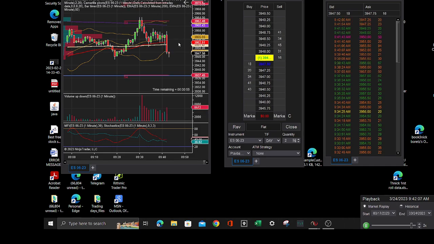It looks like we're really getting hammered here. And we've got a lot of sells coming in. This is below bid. 50, that's very important. So we did hit 50. We're below it.